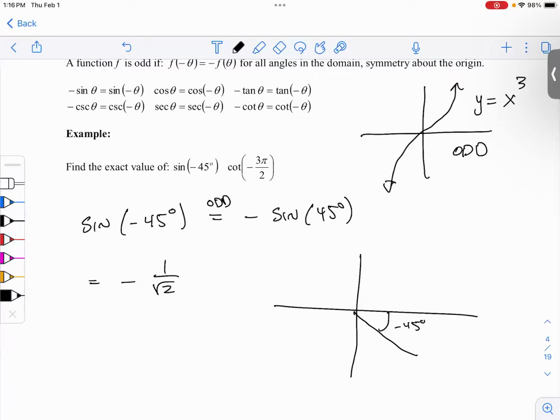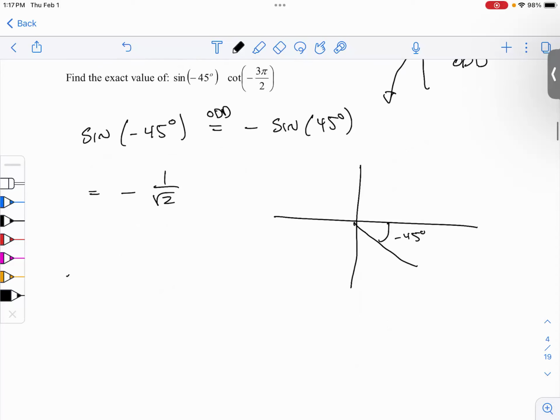The reference angle of negative 45 degrees is 45 degrees. Then I would say, sine in quadrant 4 is negative because sine corresponds to y. So it ends up being negative either way. Whether you use even and odd properties or reference angles, it is the same thing. Whichever one is easiest for you.